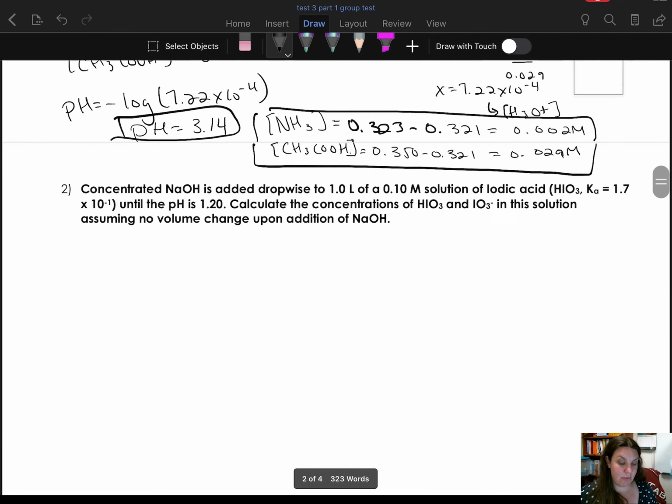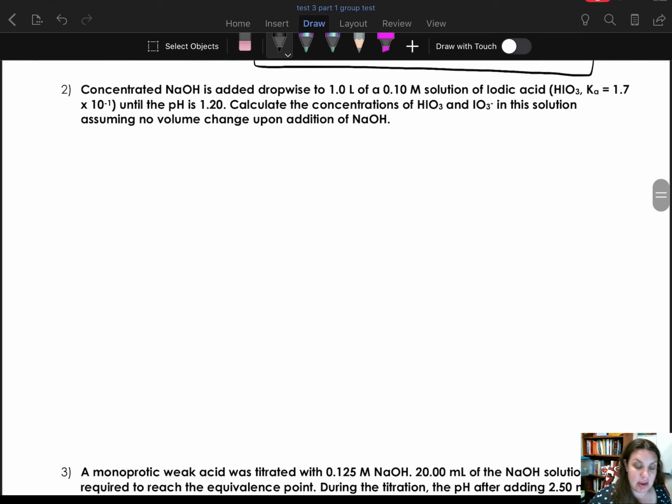Next problem. We have concentrated sodium hydroxide added dropwise into 1 liter of 0.1 molar solution of iodic acid. It's added in until we reach a pH of 1.2. So we've neutralized some amount of this iodic acid. How much? We don't know. So we have some initial concentration, which I'm going to call Y. We don't know what it is.